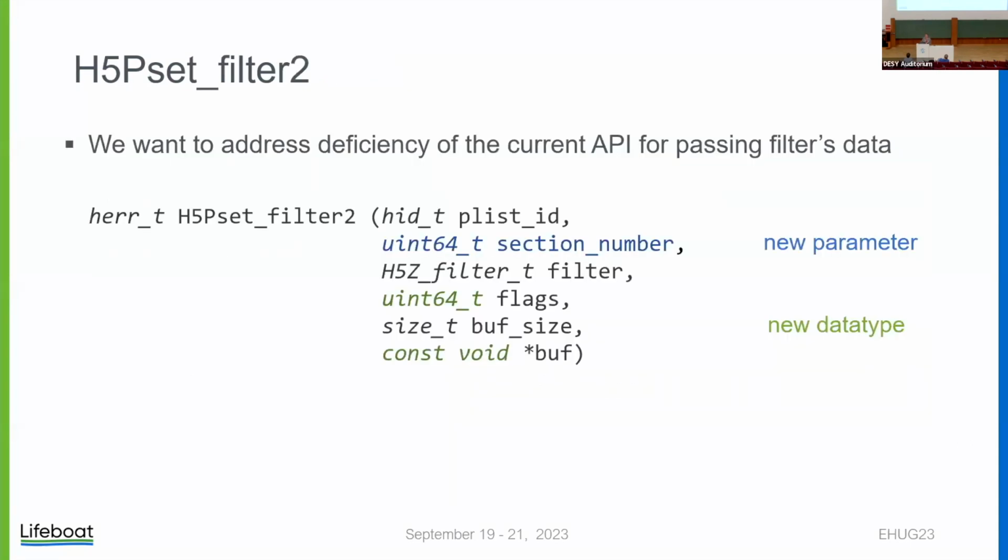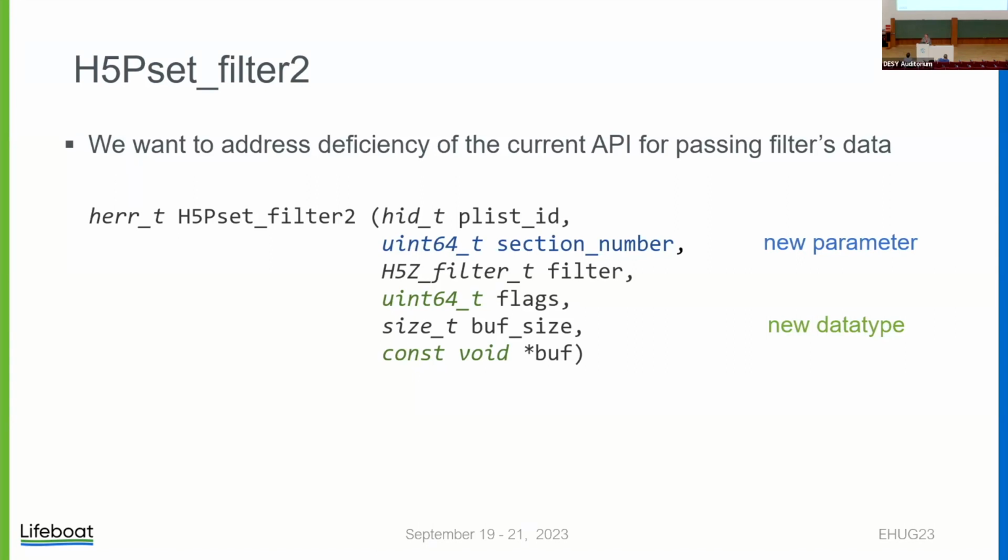I showed you a filter function, and what we had in the past, there was one complaint that the buffer, which is, I believe, int32 on the previous slide, or some int, should really be void, because sometimes filter data is more complex and cannot fit in some integer array.